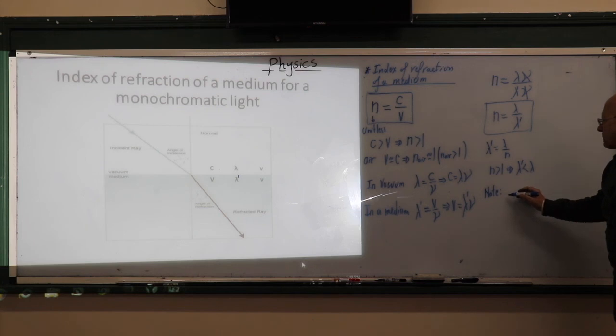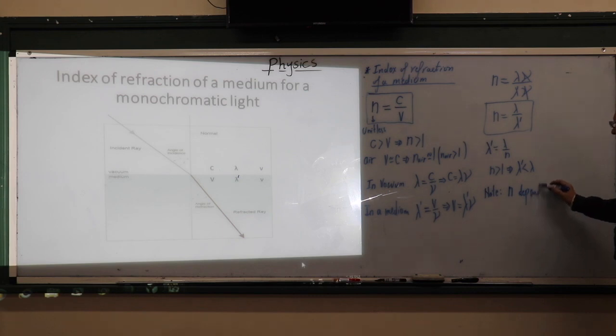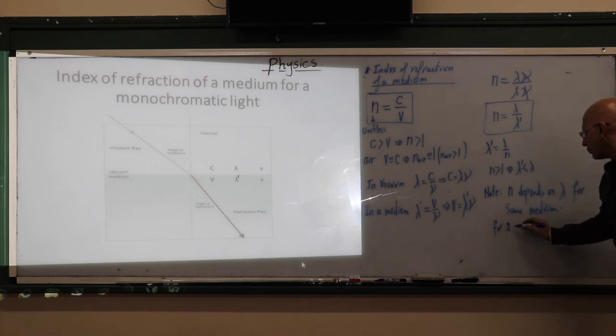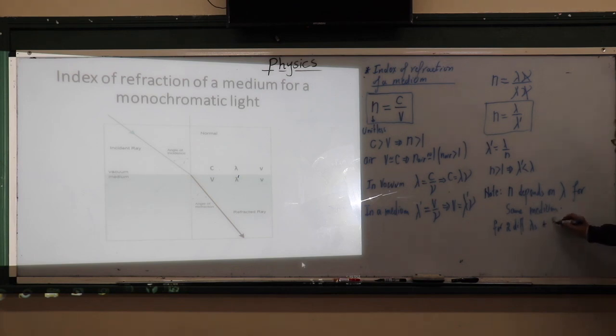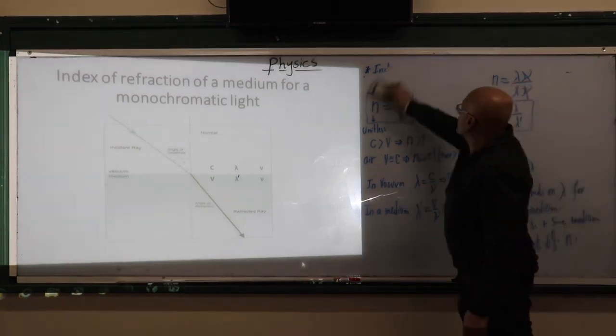Meaning, for two different lambdas and the same medium, you get different indices n, which means, let's take an example.